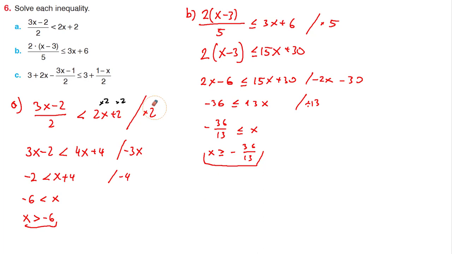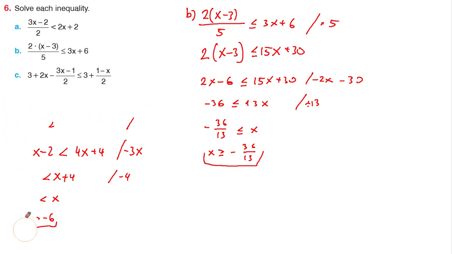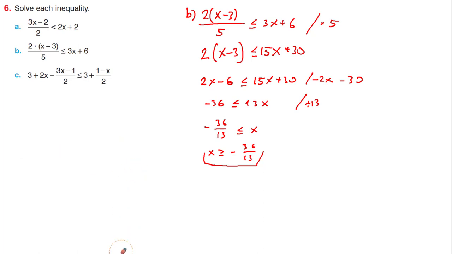And let's continue with the last exercise from exercise 6, which is under C. We have 3 plus 2x minus 3x minus 1 over 2 is less than 3 plus 1 minus x over 2.